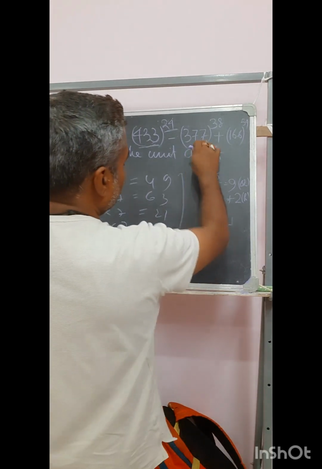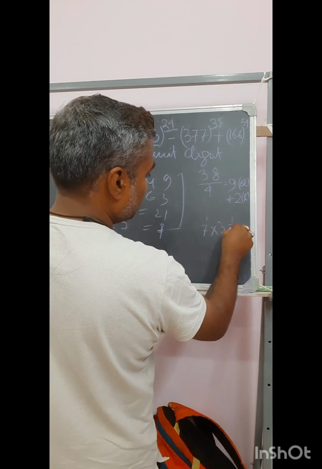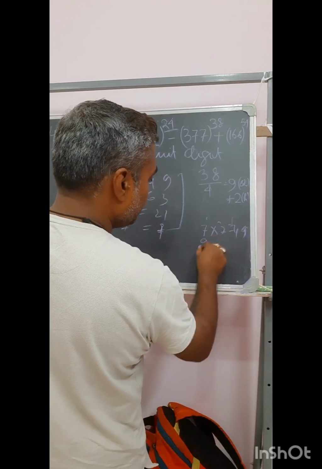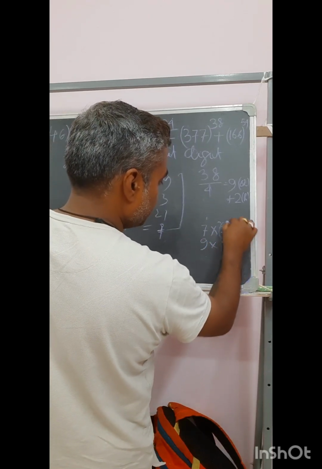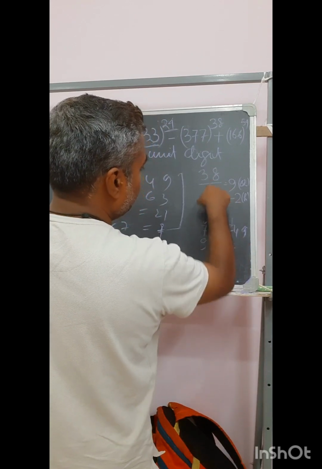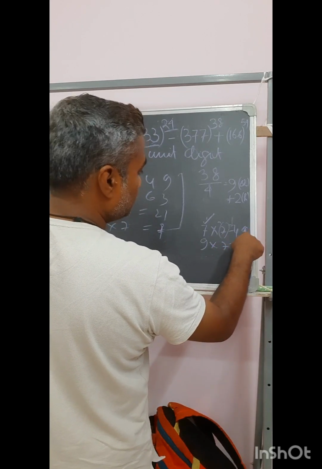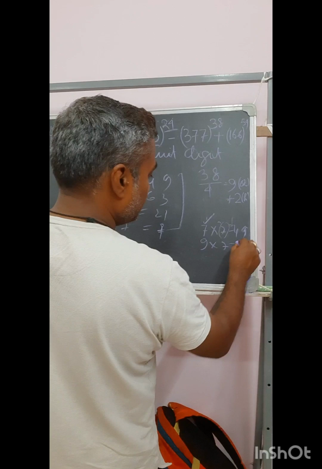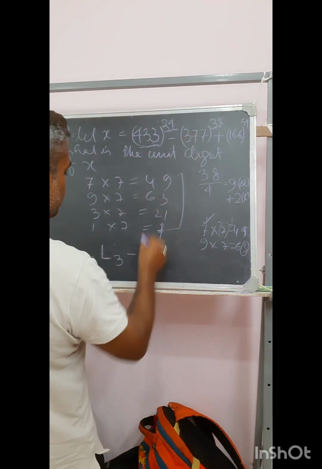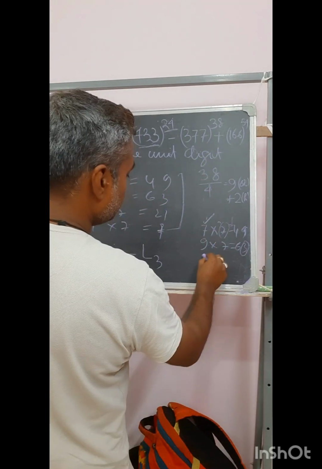So 2 means: last I got 7, then 7 into 7 is 49, then 9 into another 7 gives 3 in the unit place. So the last digit for this case will be 3.